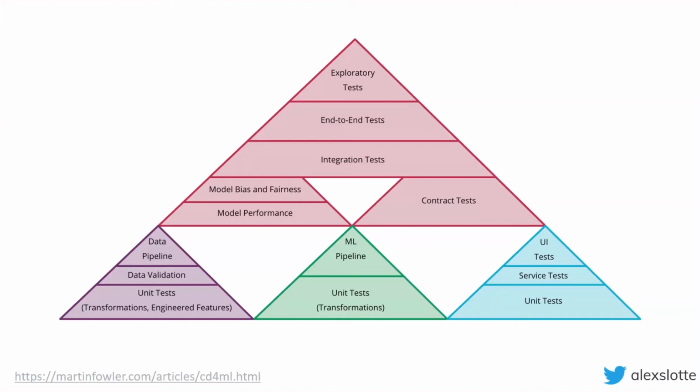And the best way to explain it, I think, is to look at a diagram for testing. This is straight out of Martin Fowler's article on CD4ML that I recommend you read. And if you're a software engineer, I think you can recognize a lot from general engineering. At the top here, you have exploratory tests, and then the further down the chain you go, the more low-level the tests: end-to-end tests, integration tests, and then at the end, you end up with unit tests at the bottom right corner.